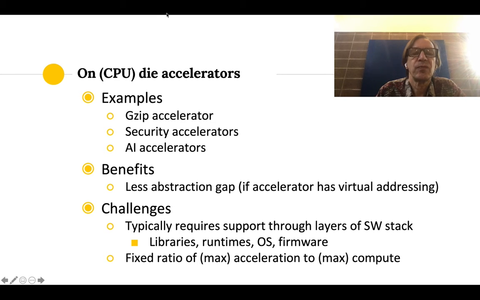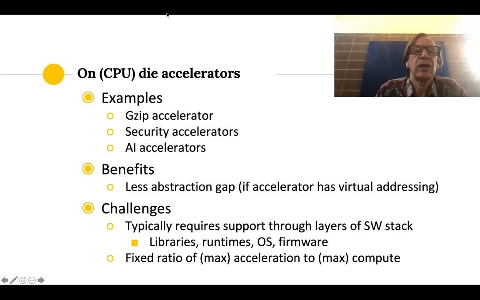And what was a benefit for integrating an accelerator with a device, that its performance could be matched to the characteristics of that device, of course, is not a benefit here, right?